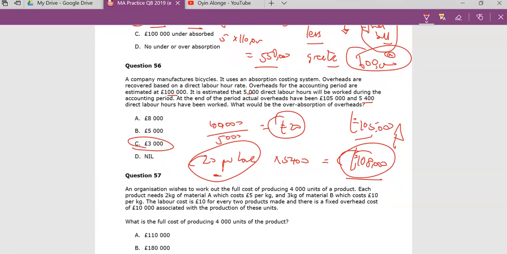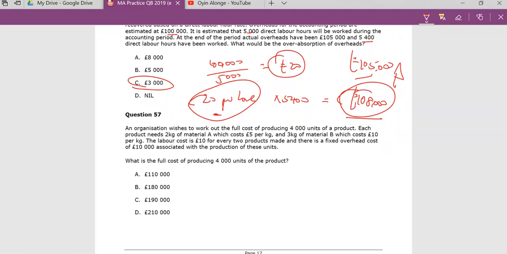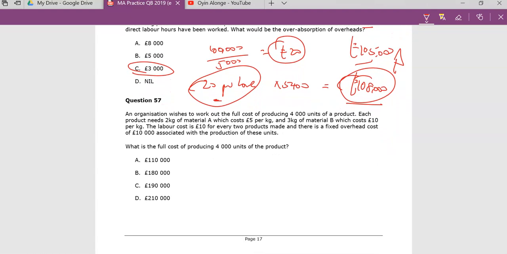And the final question in this series, before we move into the next area, is this. It says you wish to work out what the full cost of producing this is. So with full cost, we take all the fixed overheads and everything into account and just literally work it out. Each unit requires 2 kilograms at £5. So let's just do that step by step.